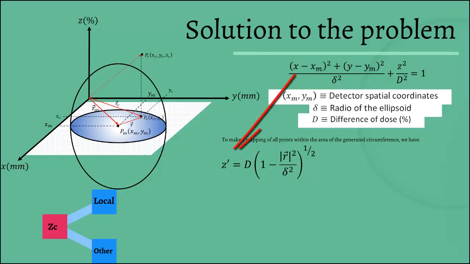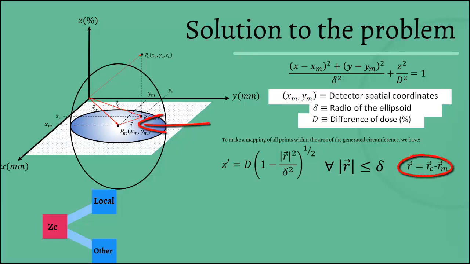So z prime is valued for all absolute value of r less than or equal to delta, where we know that vector r is the difference between the calculated position vector minus the measured position vector.